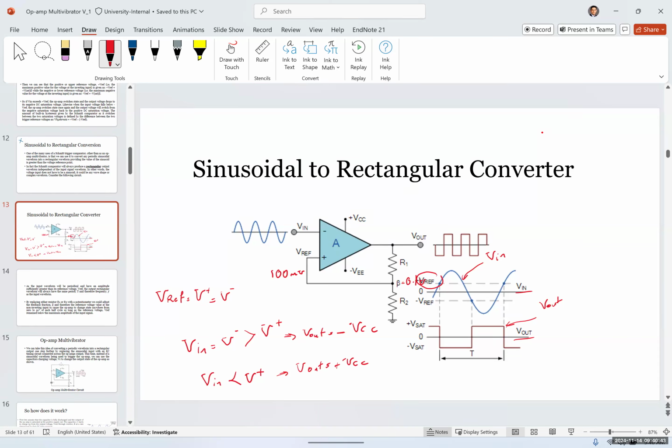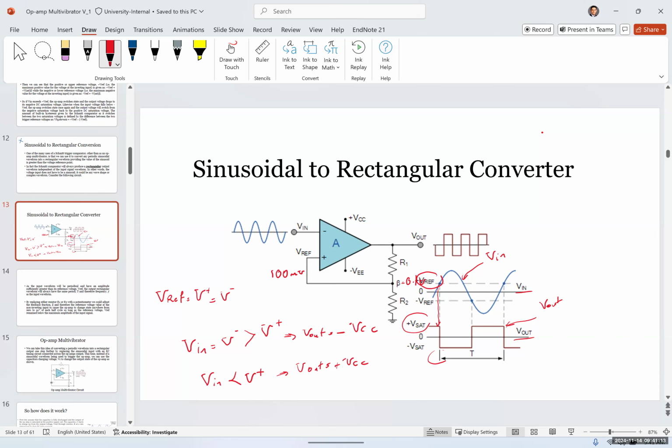You can see here that the output voltage goes from positive to negative. And the opposite as well: when negative V reference is less than Vn, or in other words, Vn is less than V positive or V reference, then the output becomes positive V saturation.